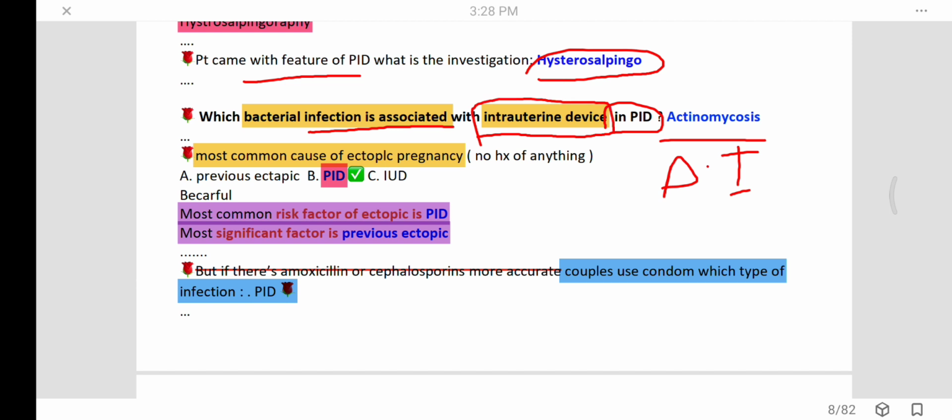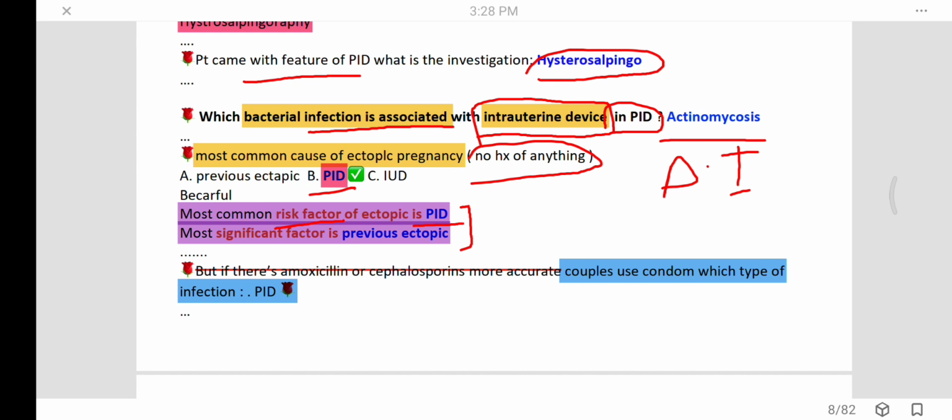The most common cause of ectopic pregnancy, with no history of anything given in the question, is pelvic inflammatory disease. Now here you have to remember these 2 points. If they ask you about the most common risk factor, then it would be pelvic inflammatory disease.